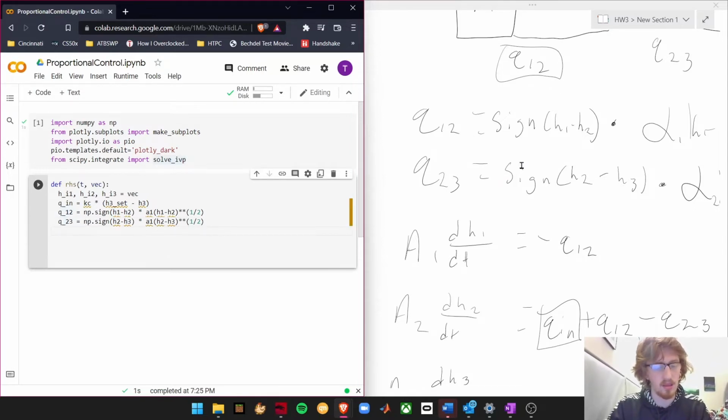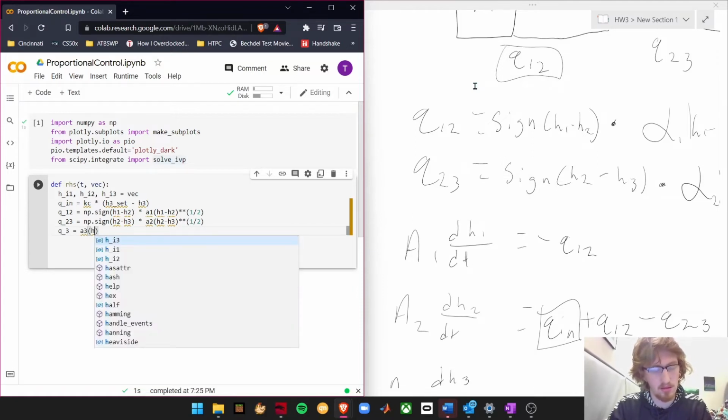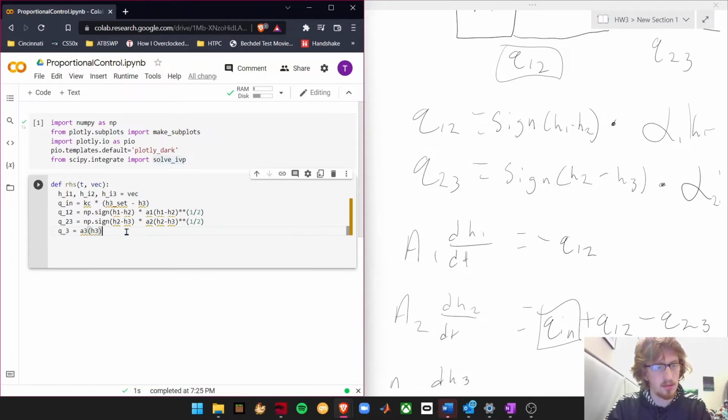And then our Q3, our outflow from 3, is going to be equal to our, sorry, I forgot to change this proportionality constant, our third proportionality constant, times our height of tank 3 raised to the 1/2 again.